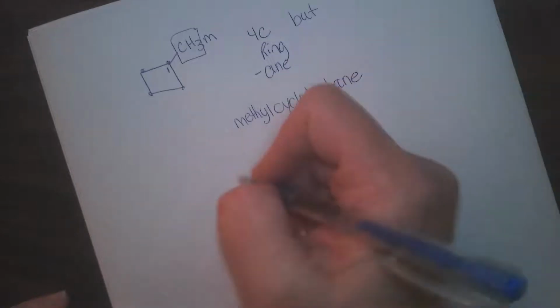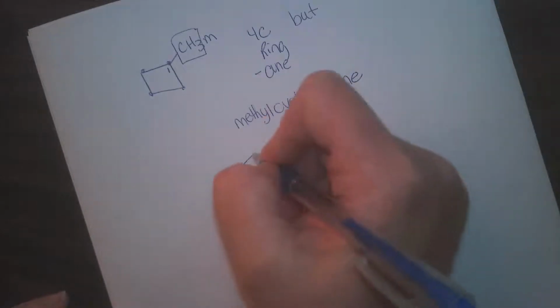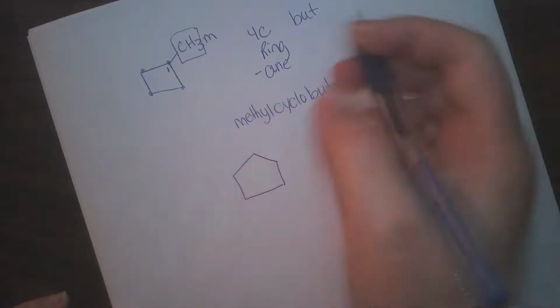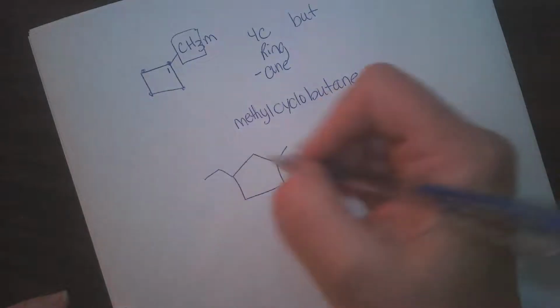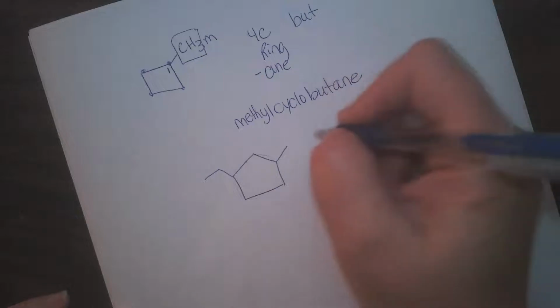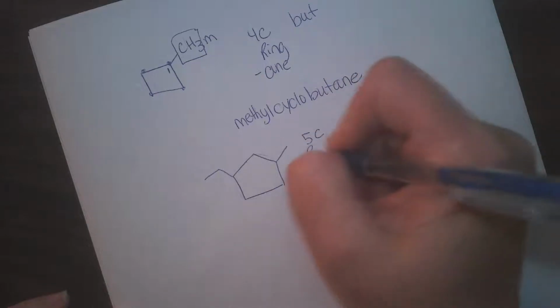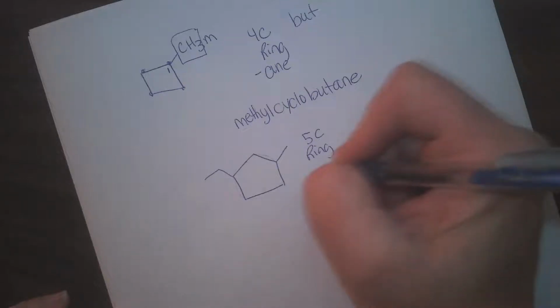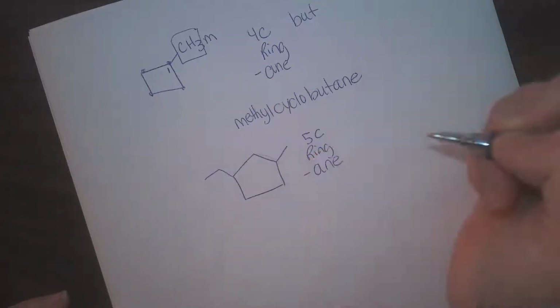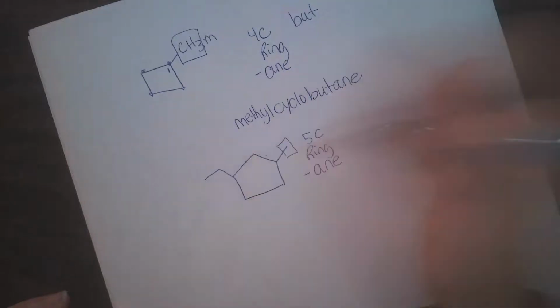Okay, next one. Okay, so 18B, let's start with what we know when we look at our cyclical structure. How many carbons are there? 5. It's in a ring. Are there any single, double, or triple bonds? So they're single, so it's ANE. We have a side chain there, and we have a side chain here.